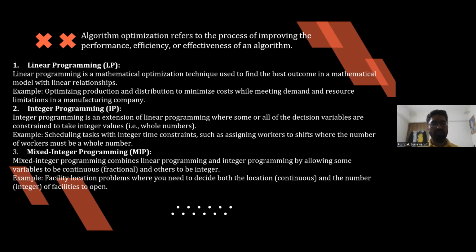The next is mixed integer programming, which consists of linear programming as well as integer programming. Where both linear and integer cases are considered, mixed integer programming is very useful.